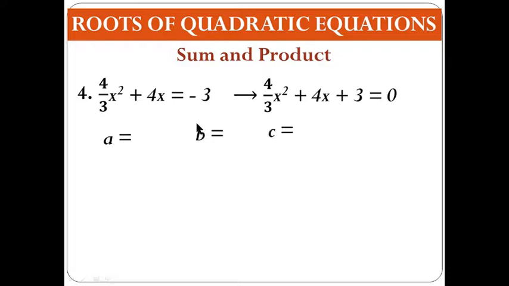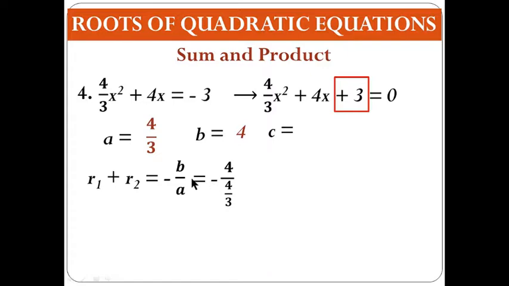Ngayon, pwede nang makuha ang ating A, B, and C. So, A natin is 4 over 3, B ay 4, C ay 3. Sum, negative B over A. B natin is 4, A is 4 over 3. Copy mo na yung negative. And simplify or divide.